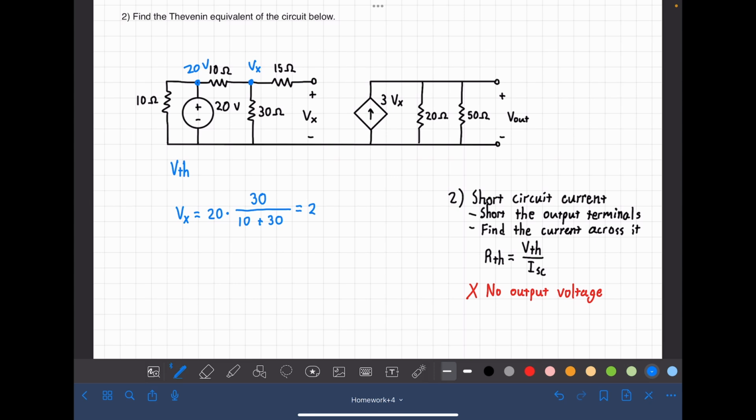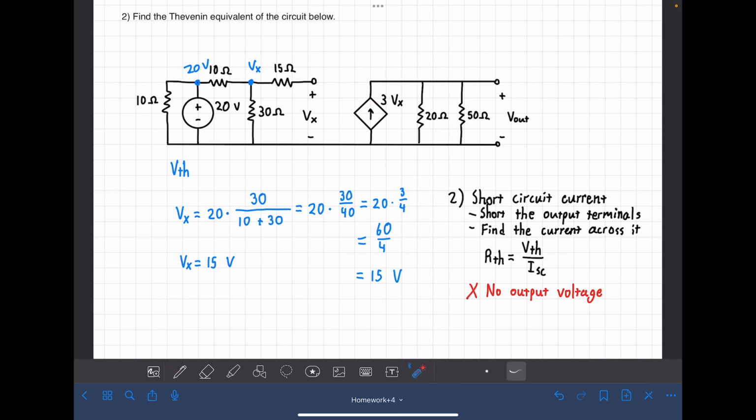So it's 20 times 30 divided by 40, or 3/4 of 20, that is 60/4, or 15 volts. So Vx is equal to 15 volts.